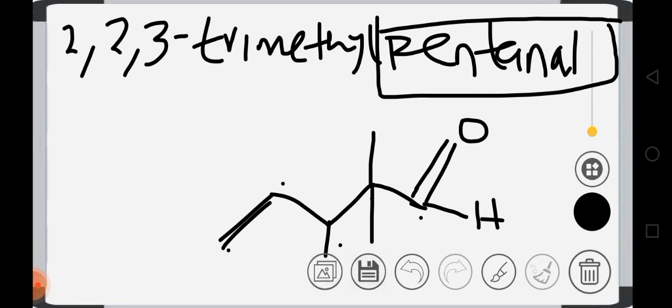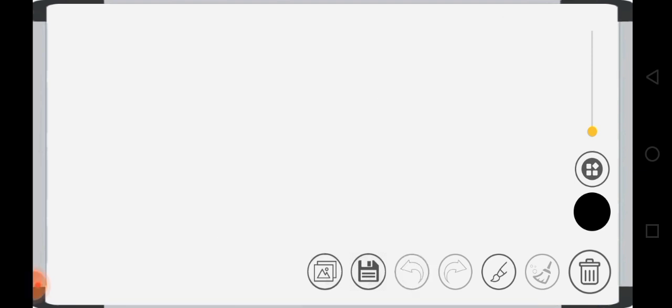So this is how we draw structures that have a functional group, and name those that also have a functional group. Now let's look at this last question.